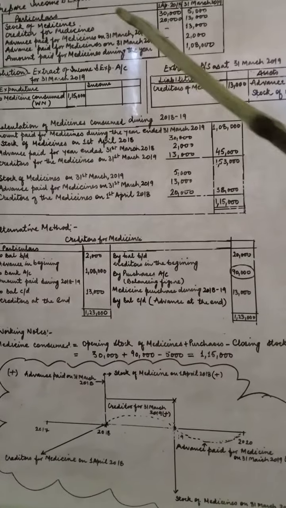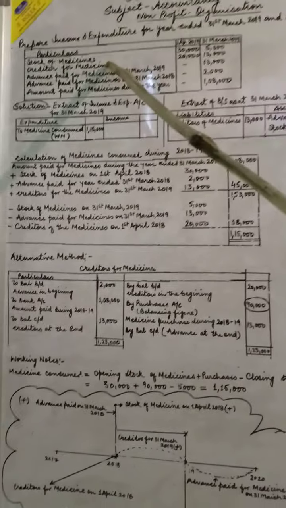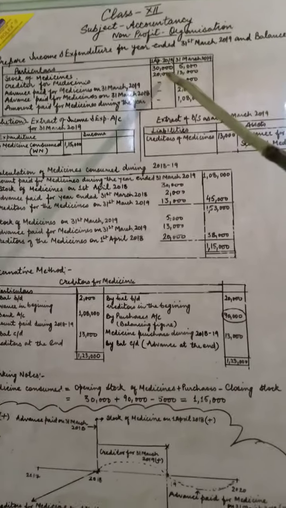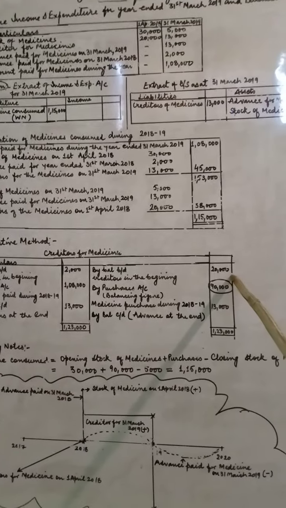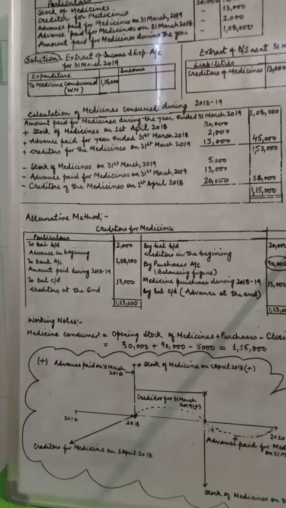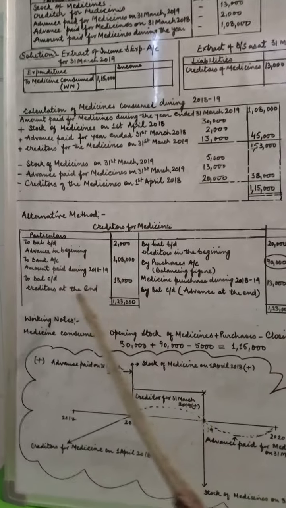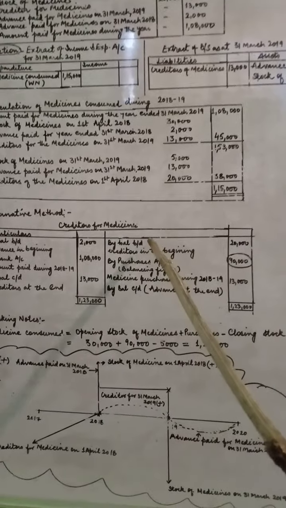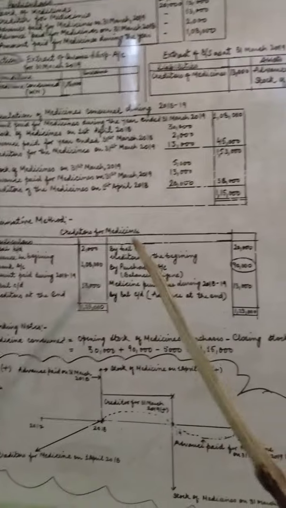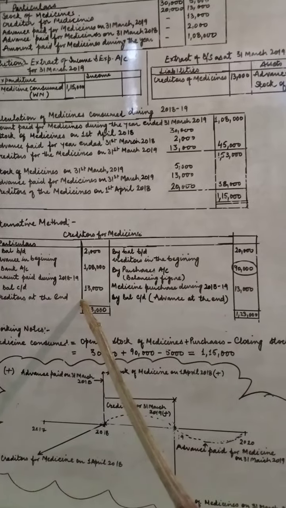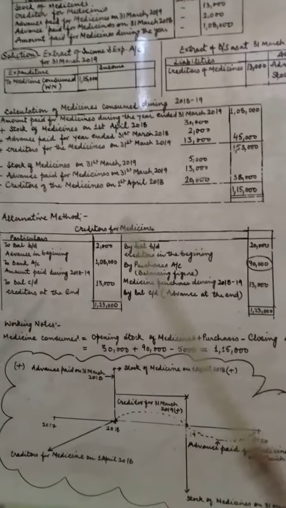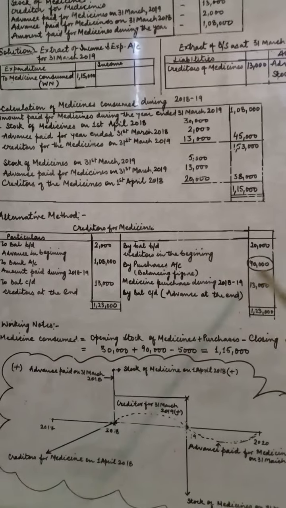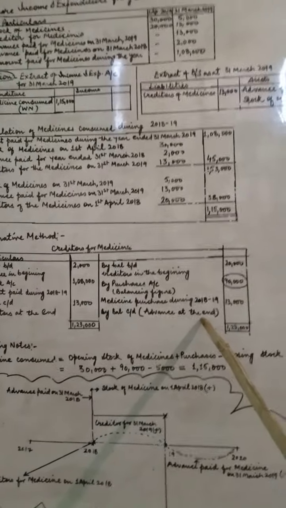See, on the creditors of medicine, the opening balance is 20,000 and closing is 13,000. So this 20,000 will be on the credit side of the creditors of medicine, and the 13,000 of the closing creditor at the end will go to the debit side.